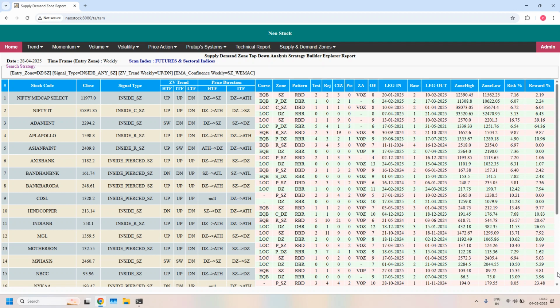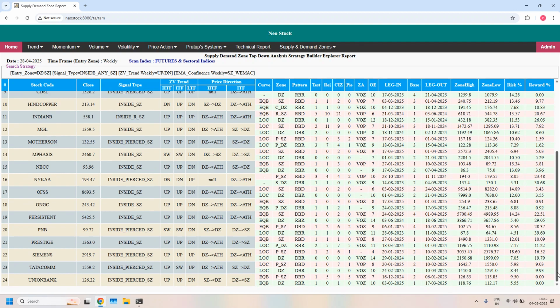Scrolling the list down. So total 24 stocks are filtered where price closed inside weekly supply zone. Some of these weekly supply zones are pierced zones. You can apply pierced zone strategies by using those stocks.